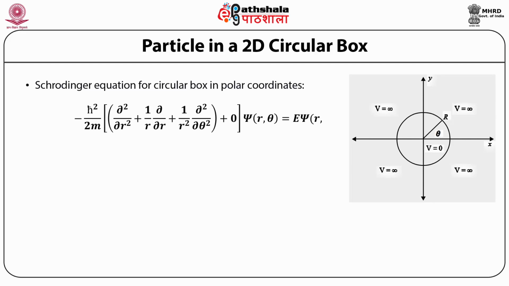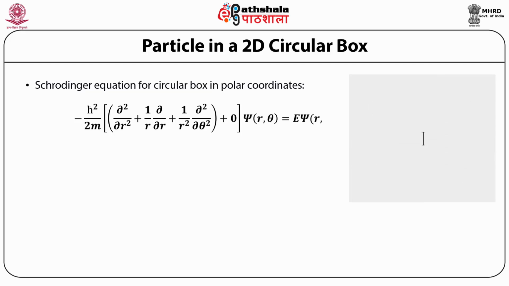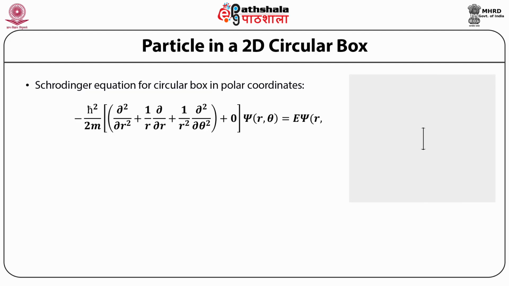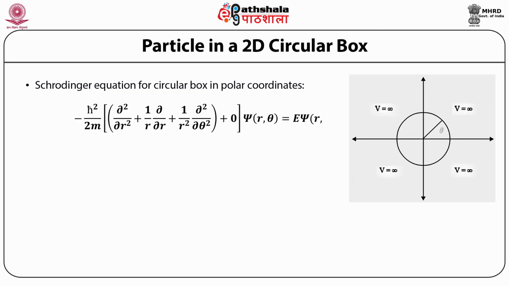So the Schrödinger equation for a circular box in polar coordinates becomes minus h cut square by 2m multiplied by bracket del square by del r square plus 1 by r del by del r plus 1 by r square del square by del theta square plus 0 bracket close psi(r, theta). It is equal to E psi(r, theta).